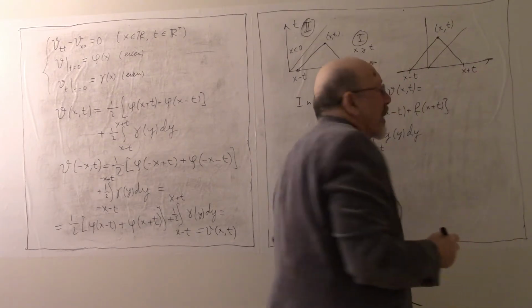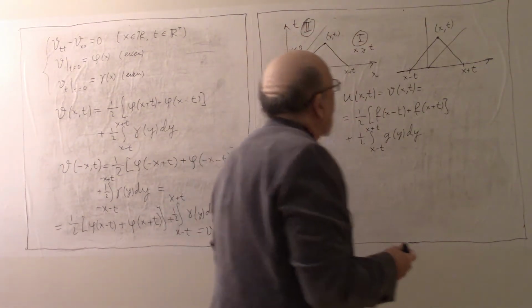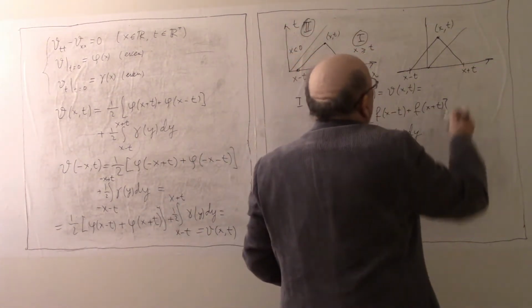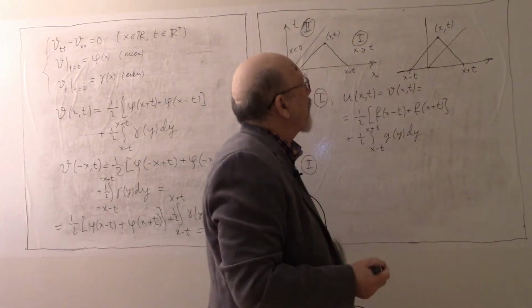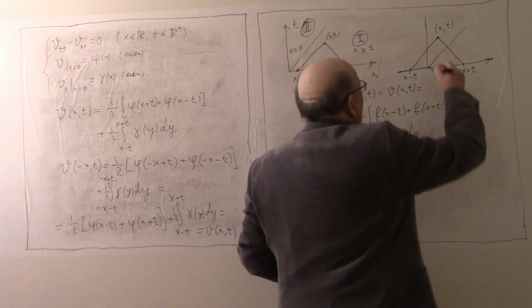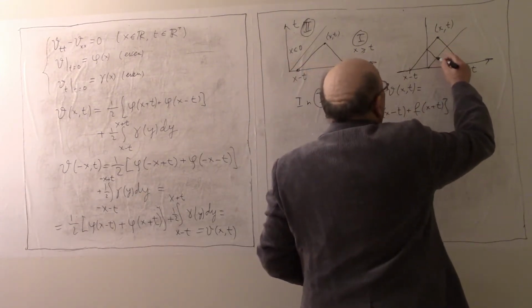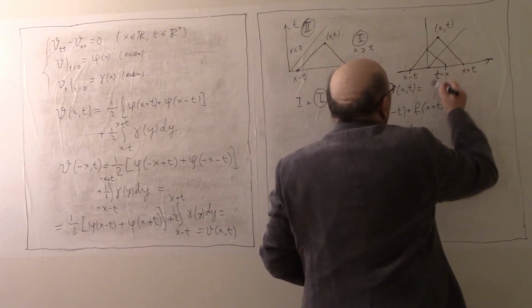We are interested in non-negative x, yes? So x plus t is definitely positive, but x minus t is negative. But instead of x minus t, we can consider the symmetric t minus x. Yes?